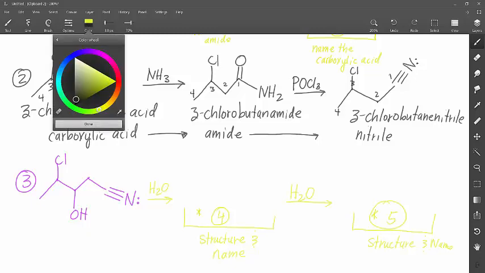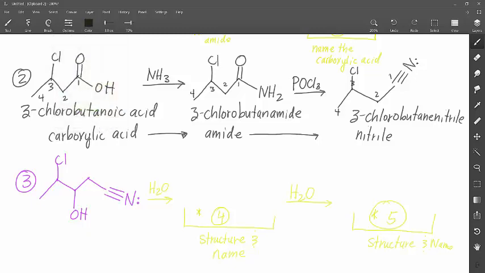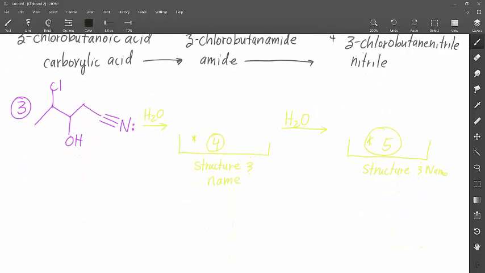Okay, so for reaction 4, I'm going to keep the nitrile almost the same.